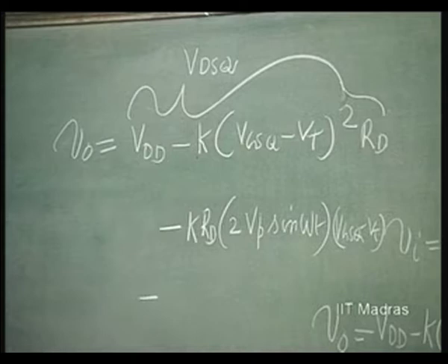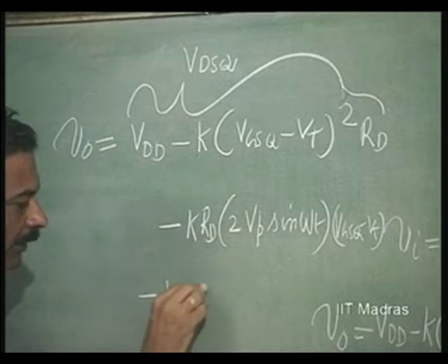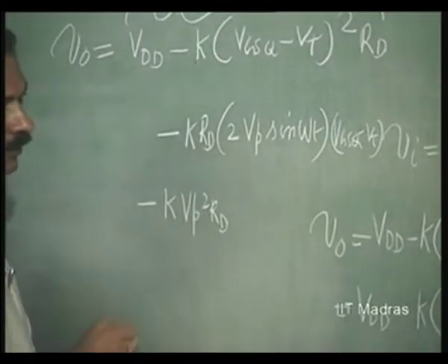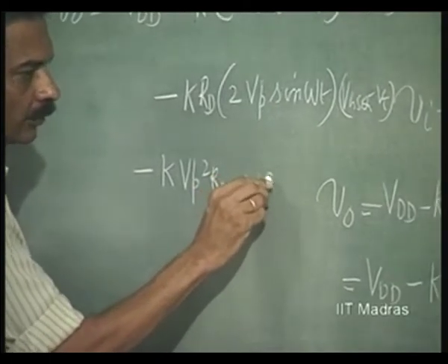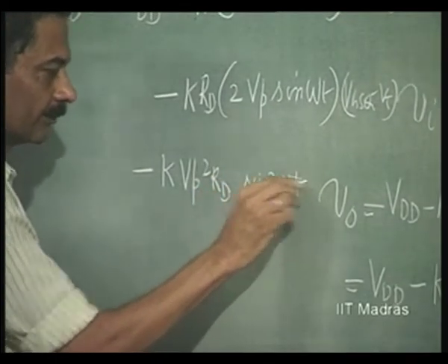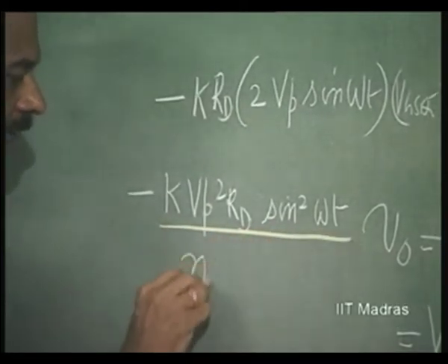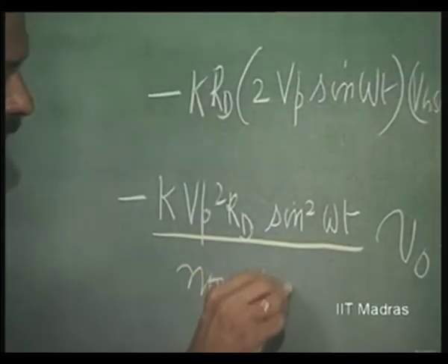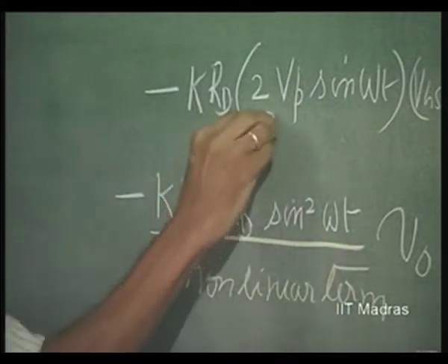This is what is causing distortion. This is called the nonlinear term in our FET amplifier. So, we have this as k times Vp squared into Rd sin squared omega t. So, this is the nonlinear term. This is the linear term.